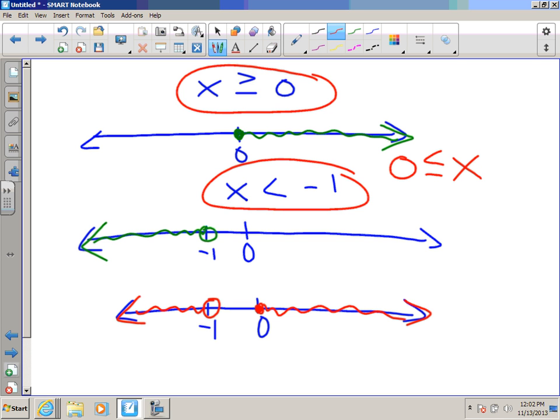That one's done. It just got flipped, so I can keep the x in the middle. And x is less than negative 1. "Or," because it's either going to be less than negative 1 or it's going to be equal to or greater than 0.